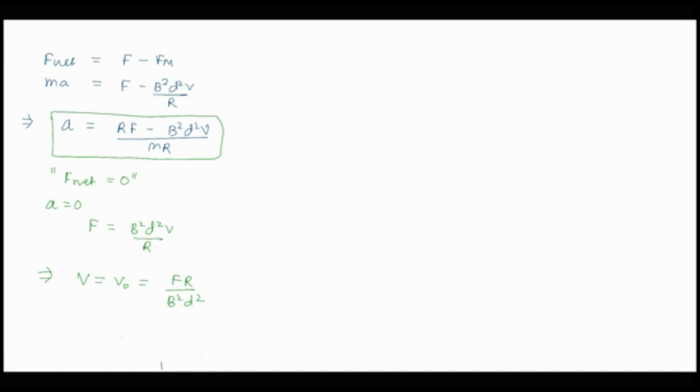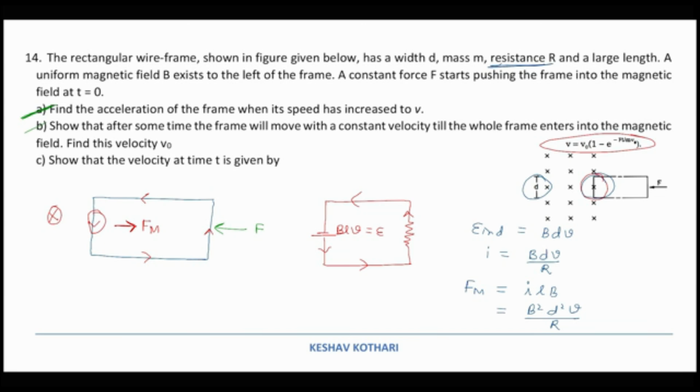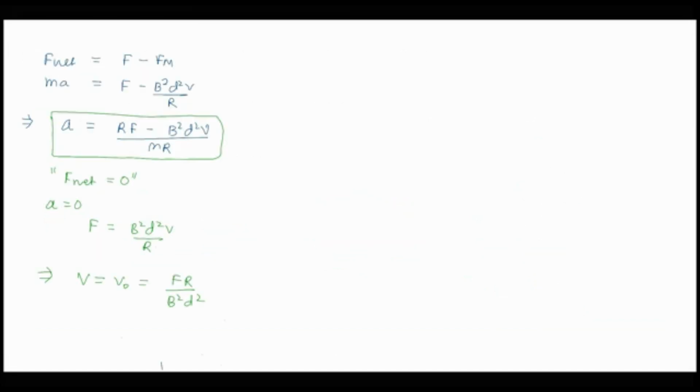Now the next part asks to find the velocity as a function of time, or to prove that v equals v naught times (1 minus e to the power minus ft upon m v naught). In order to begin this approach, we begin by solving this equation.